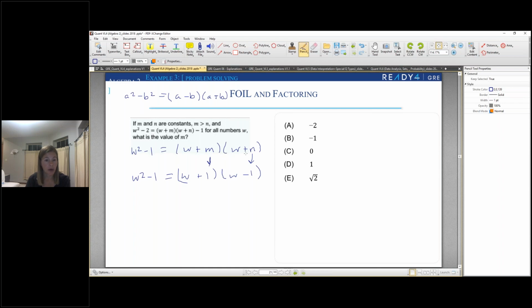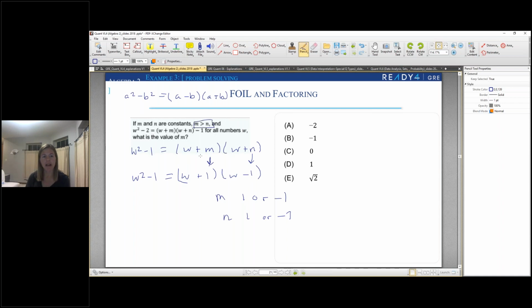So we know that m has to be a 1 or a negative 1, and n has to be a 1 or a negative 1, because that's the only way that w squared minus 1 factors, okay? Now, how do we know that m is a 1 rather than negative 1? Because they tell us that m is greater than n. Yeah, cool. Okay, great. You understand that stuff.